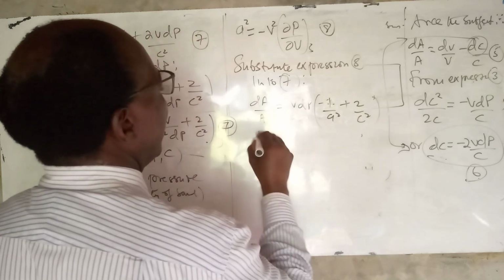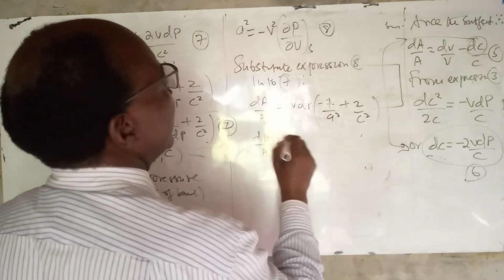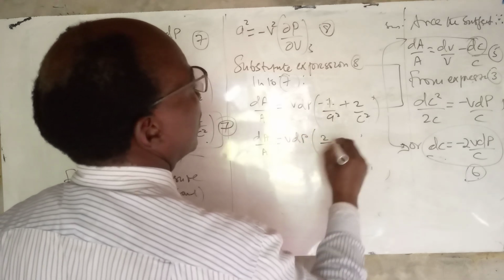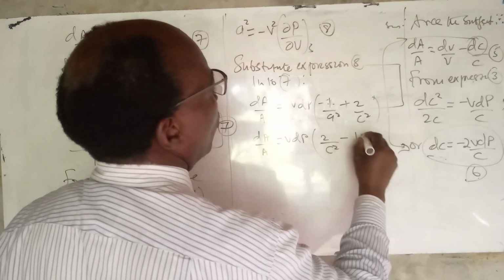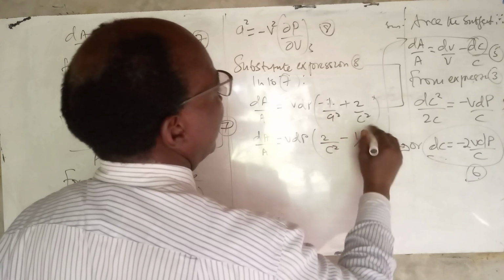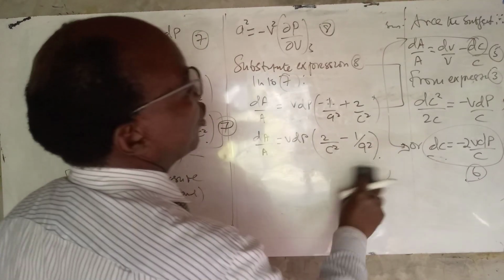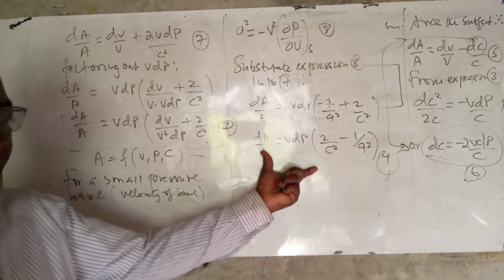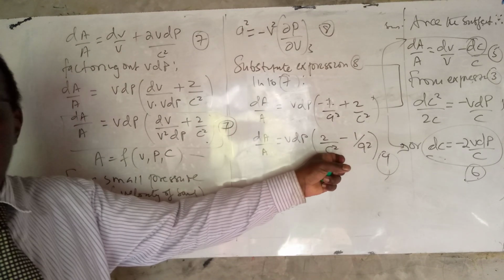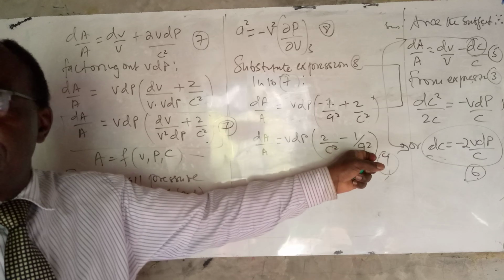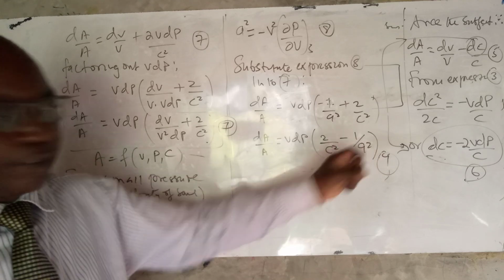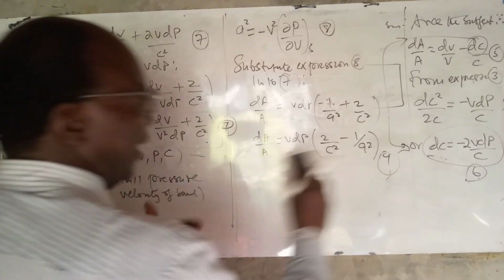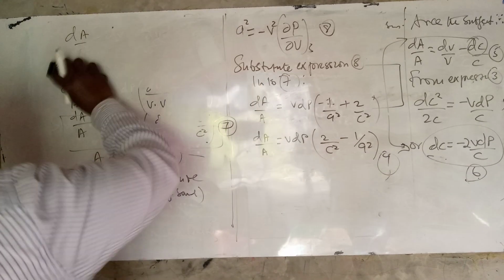If we rearrange this, then dA over A is equal to V dP into 2 over C squared minus 1 over A squared. Very important expression here. Let's call that expression 9. We can interpret this expression 9. Remember, it relates the velocity of the fluid to that of sound.